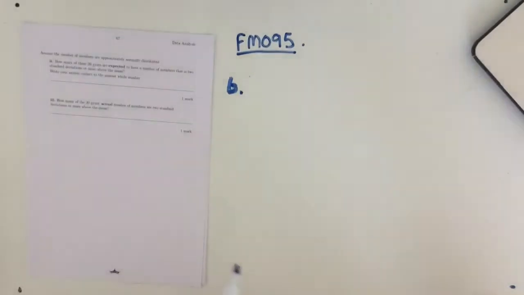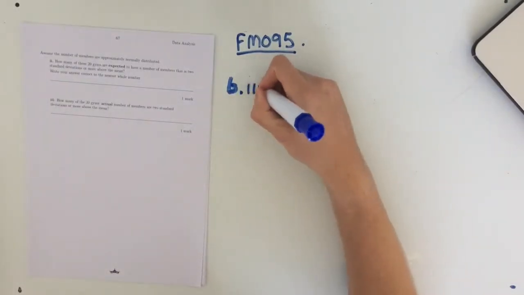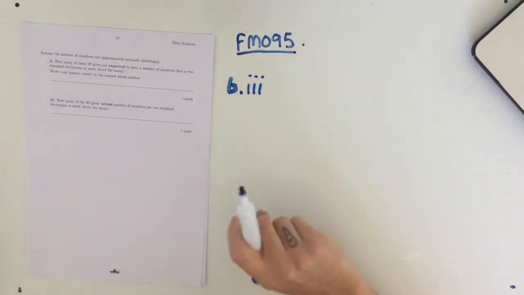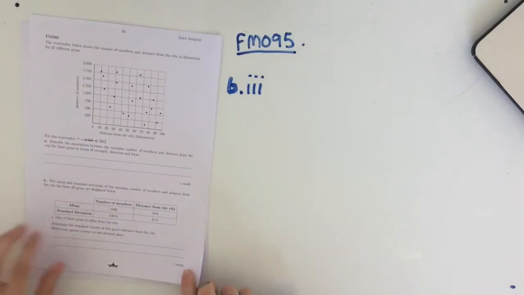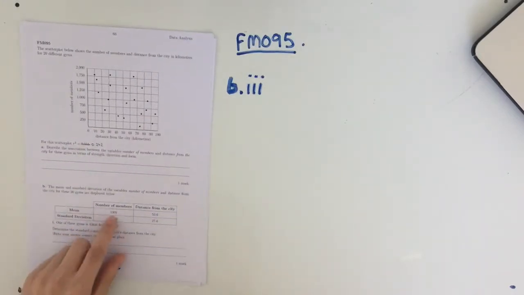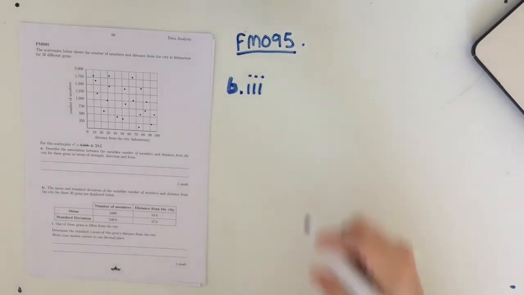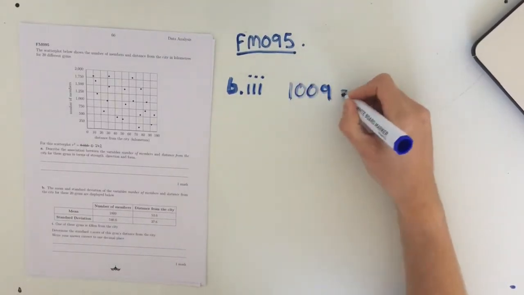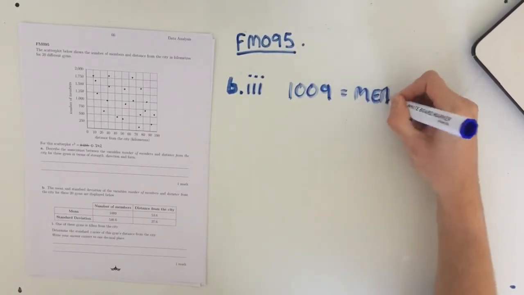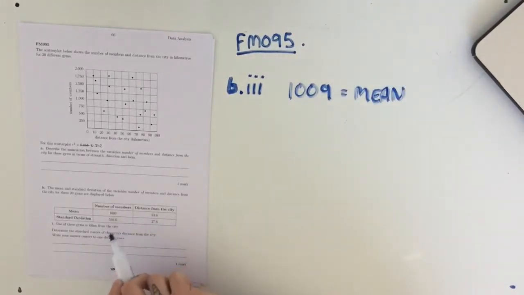And then for part I, it says how many of the 20 gyms' actual number of members are 2 standard deviations or more above the mean. First, we look back at this page and find the number of members. The mean is 1009, and our standard deviation is 546.6.